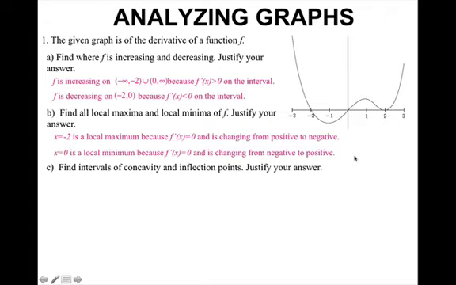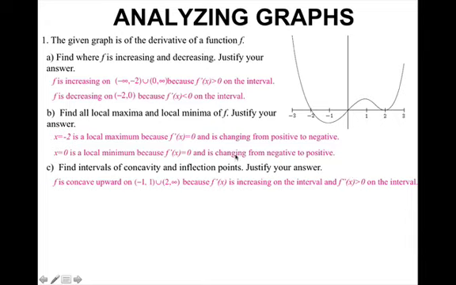Now I'm going to find intervals of concavity and inflection points and justify your answer. So f is concave upward on negative 1 to 1 and 2 to infinity because f prime is increasing on that interval and f double prime is greater than 0 on the interval.